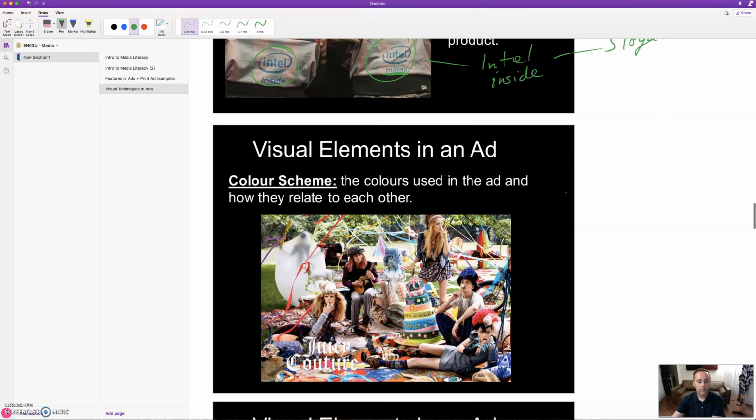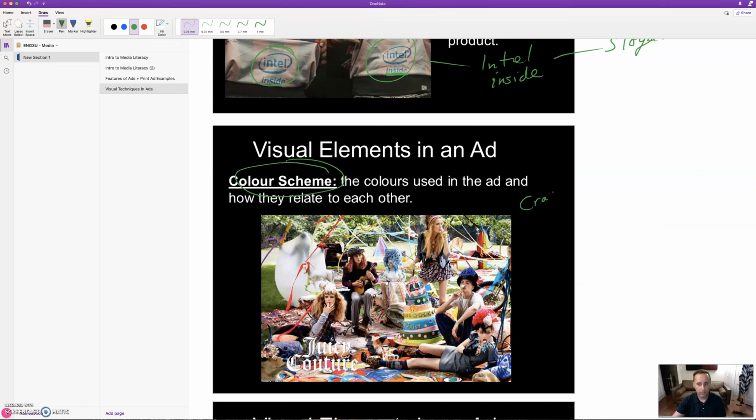All right, this one we're looking at color scheme. So is there any color scheme in this, and what is the product being advertised? When you first look at this, what word comes to mind?